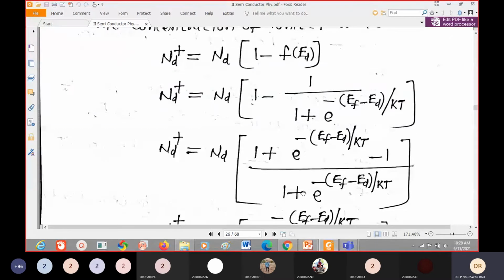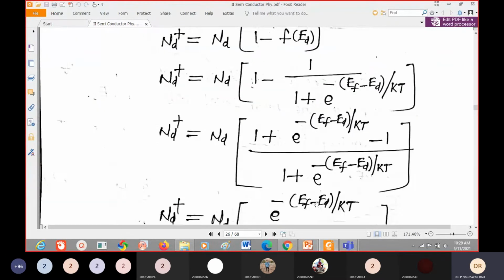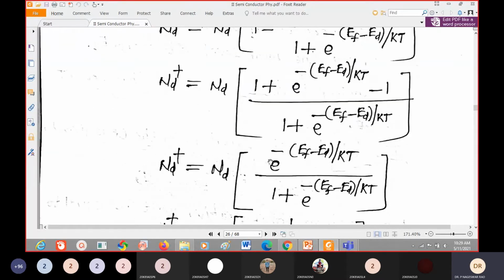Simplifying, we get the value e power minus (Ef minus Ed) by kT.